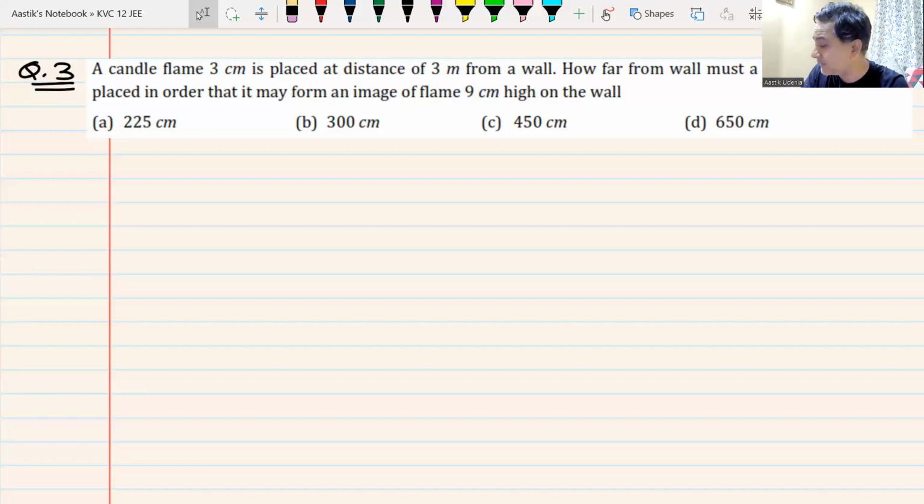Remember, this is ray optics. You may not have to draw a ray diagram, my dear friends, but you might have to understand the question clearly.